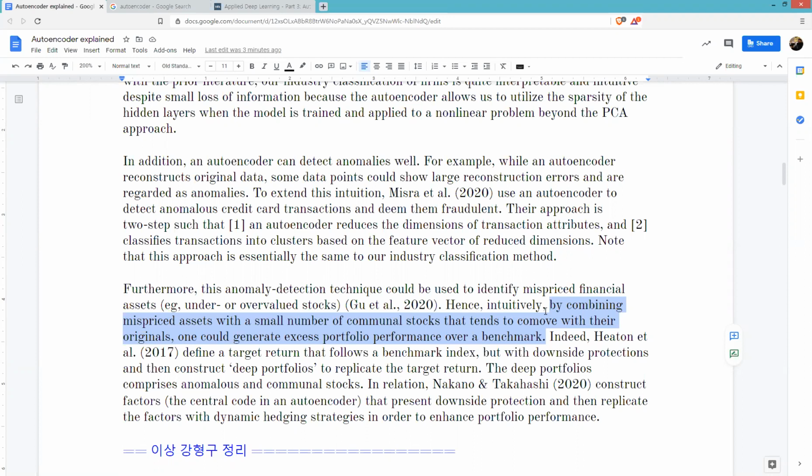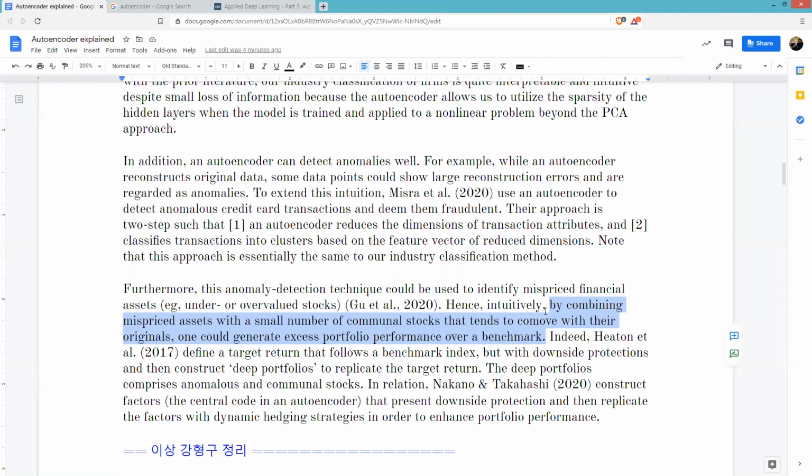Indeed, Heaton et al. 2017 defined a target return that follows a benchmark index but with downside protection. Okay, what Heaton et al. did is that they have a benchmark and they slightly modify the benchmark, like if the benchmark sometimes loses a lot of money, they can simply get rid of that downside part. Okay, sometimes they can add some fixed amount. Then they add an enhanced benchmark.